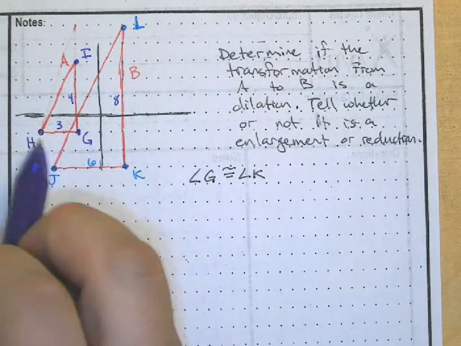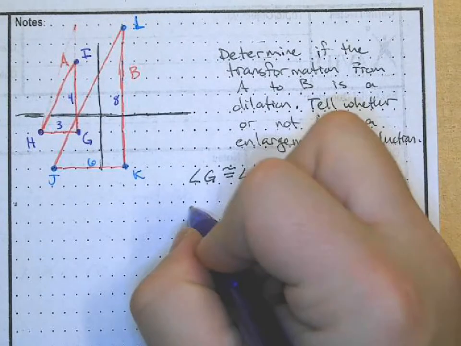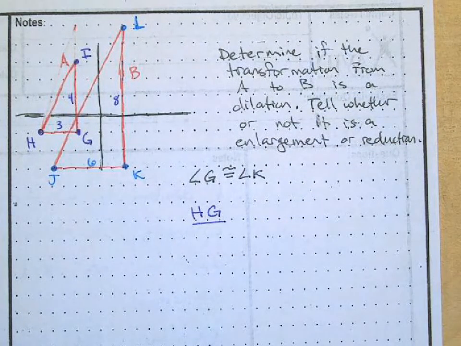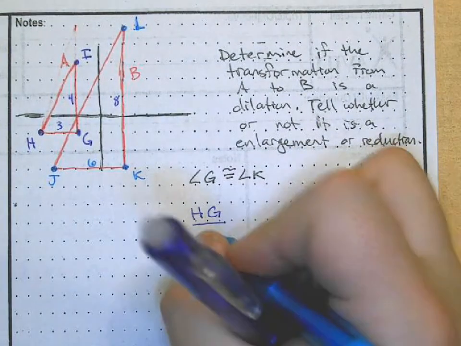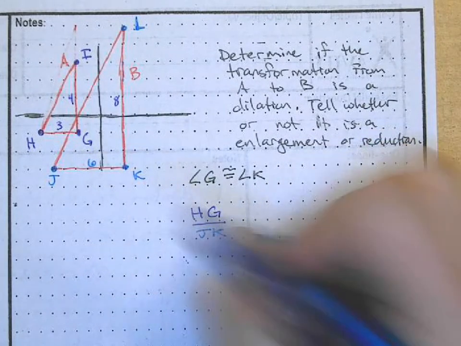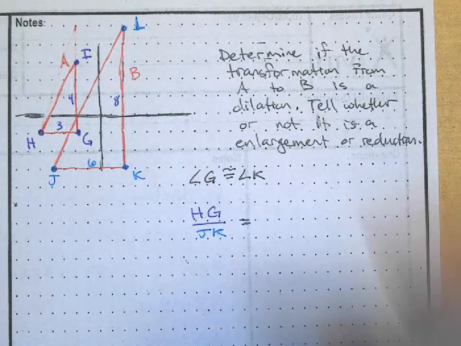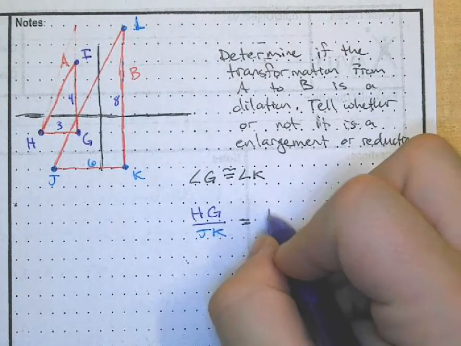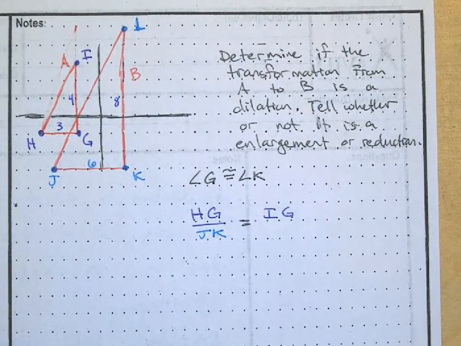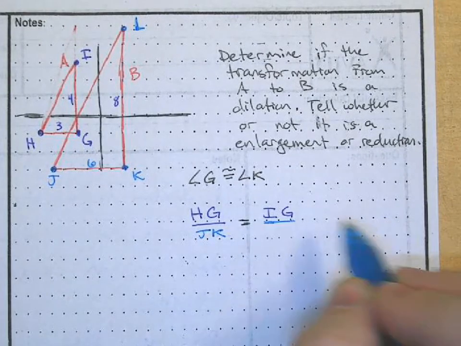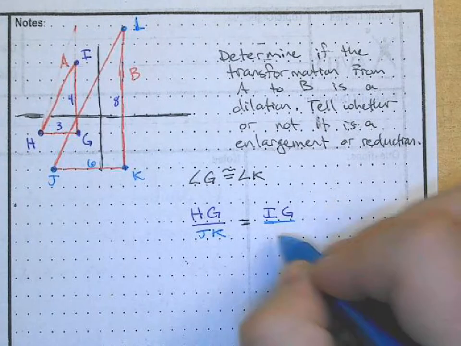I'm going to say HG is to JK as IG is to LK.